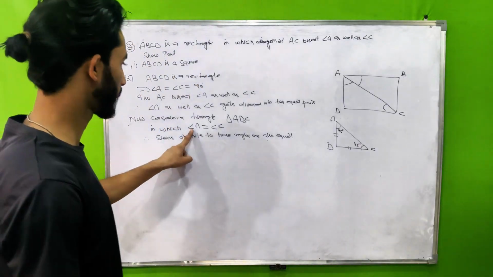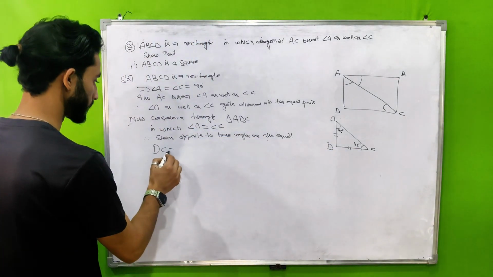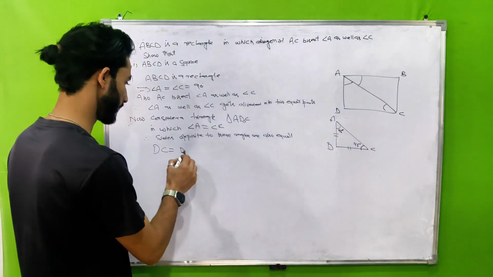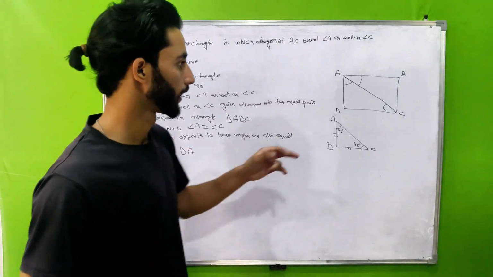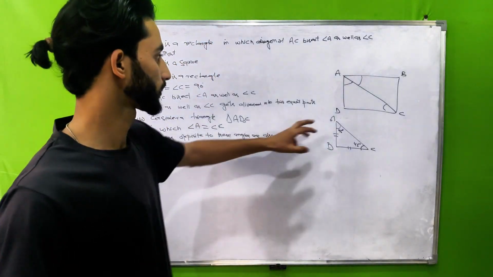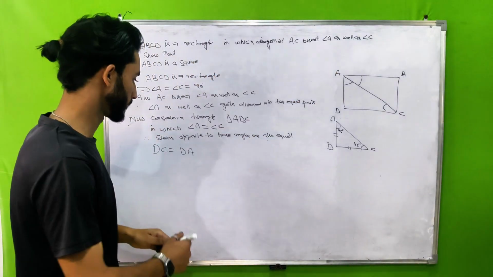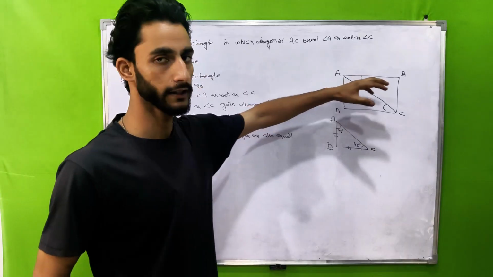The side which is opposite to this angle A is DC. Therefore, DC is equal to the side which is opposite to this angle C, that is DA. Now we have proved that DC is equal to DA. We proved this here, that DC is equal to DA, and ABCD is a rectangle.